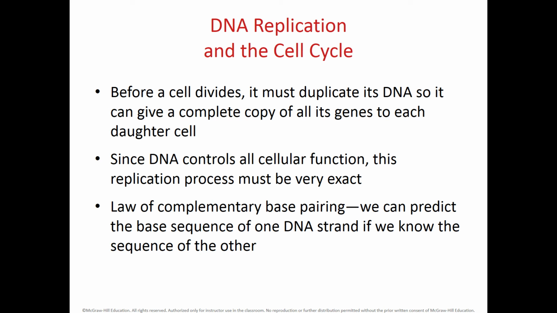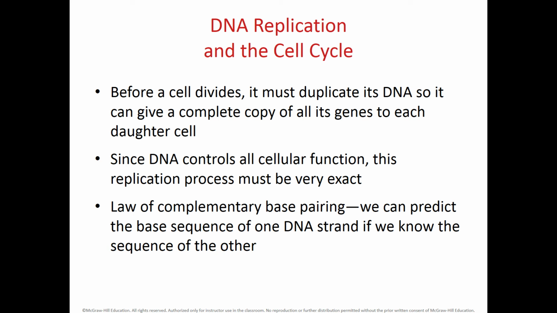So what must you do in order to have cell division? Well, you first have to make a copy of DNA, and when you make a copy of DNA, this is known as DNA replication. This DNA replication happens during the cell cycle.